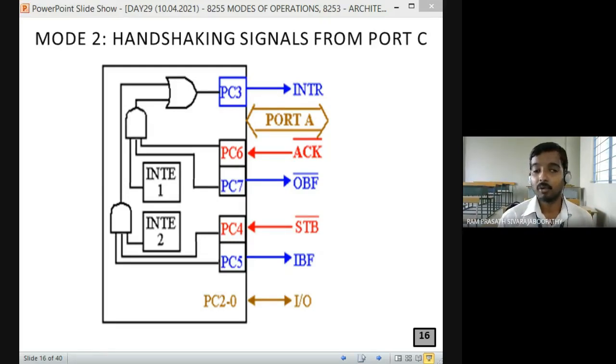Similarly, port B நான் mode 1-ல configure பண்ணா PC2, PC1, PC0 அந்த மூணு pin-உம் handshaking purpose-க்கு போயிடும். What about port C? Entire port C pins are used for handshaking, in the condition where port A is configured in mode 2 and port B in mode 1.